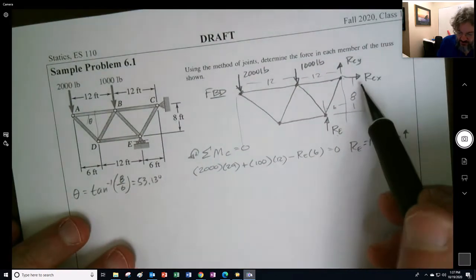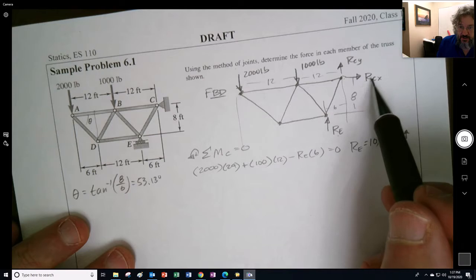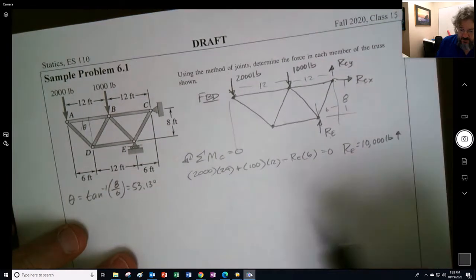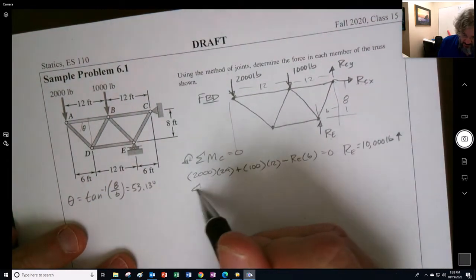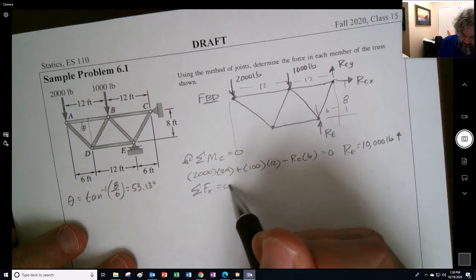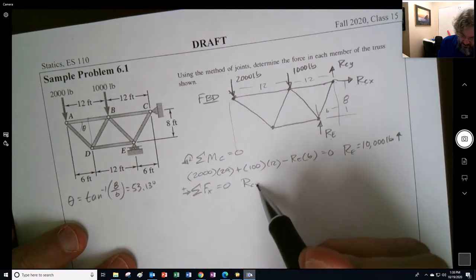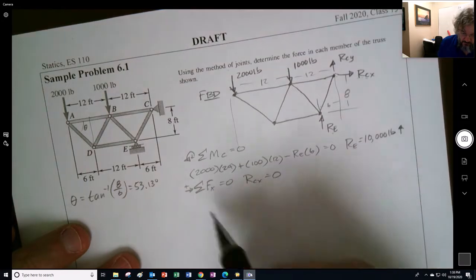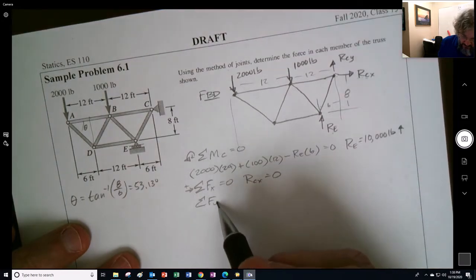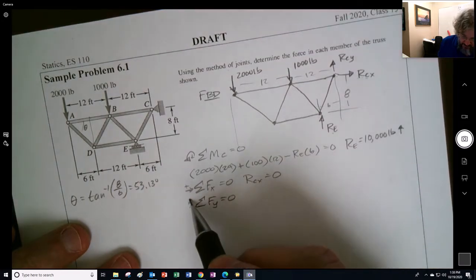By observation, we could see that there's no forces in the x direction except for that reaction. Therefore, just writing it out for the sake of completeness, we'll say that RCX is equal to 0. Sum of the forces in the y direction equal to 0.